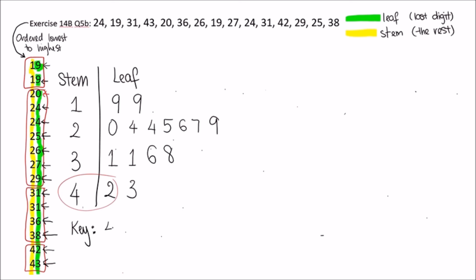So 4, line, and a 2. We just want a snapshot of our stem and leaf plot. And we want to say that that actually means 42. If you don't write this down, people could read it as 4.2, but it's actually 42 for our specific data set. And that is our key.